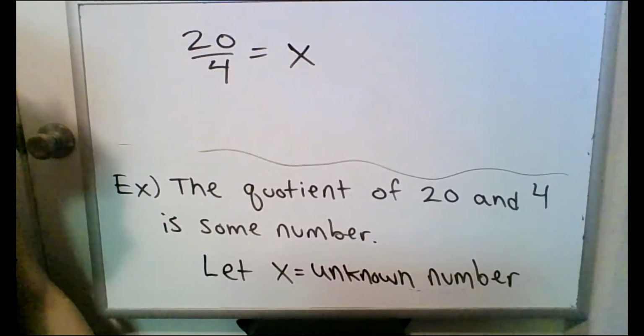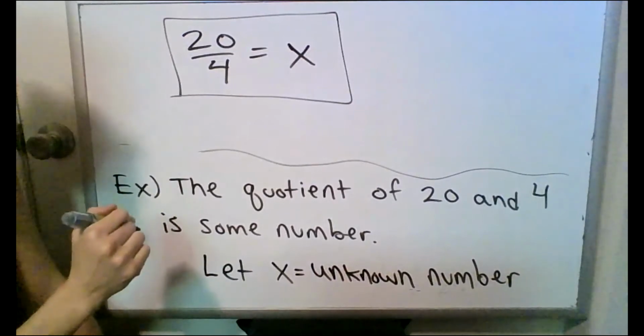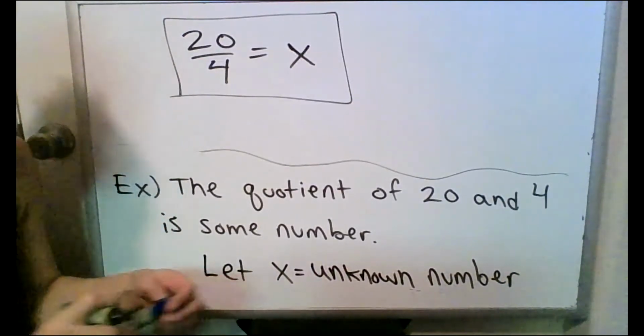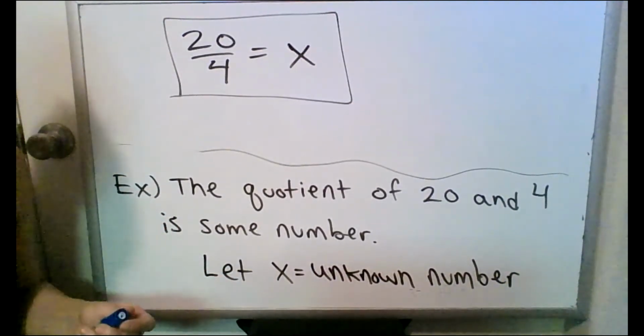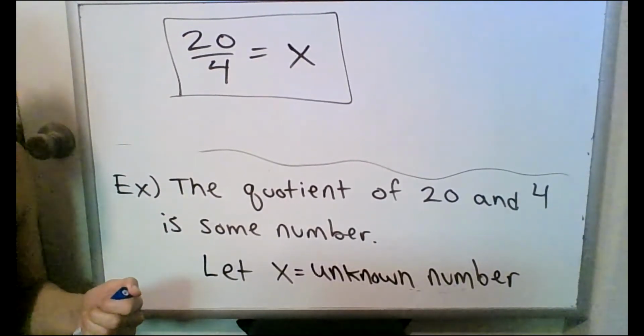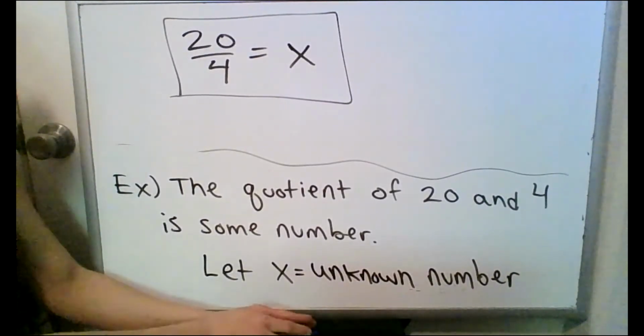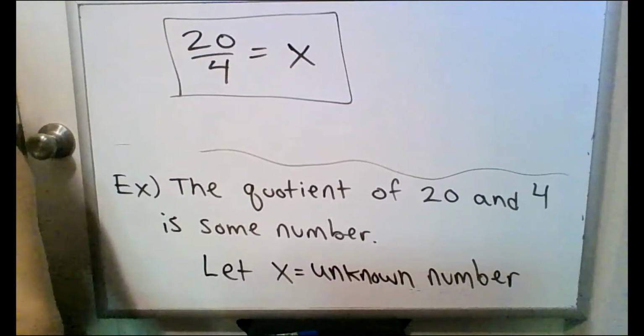I mean, we could do another step, but really we want to translate this. We're not trying to solve, so I'm going to leave it like that. I think I'd like to do one more and then move on.